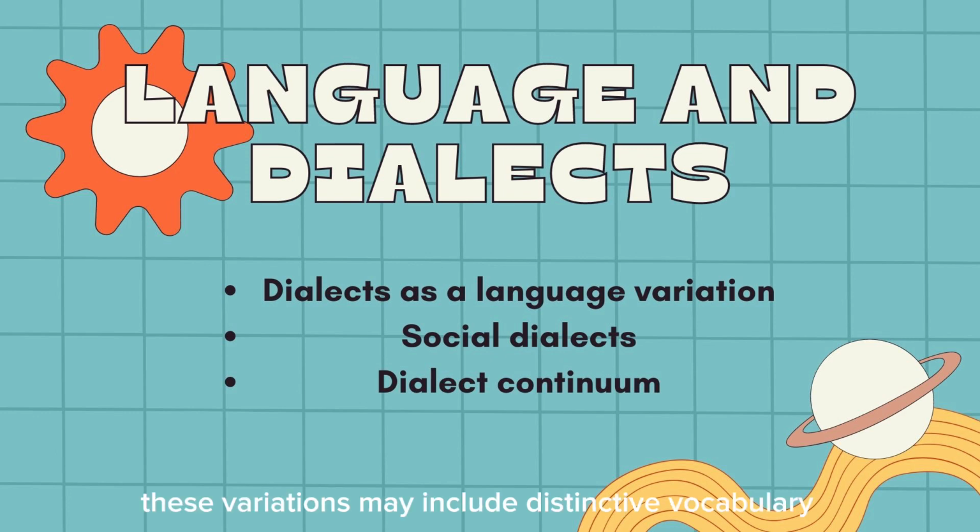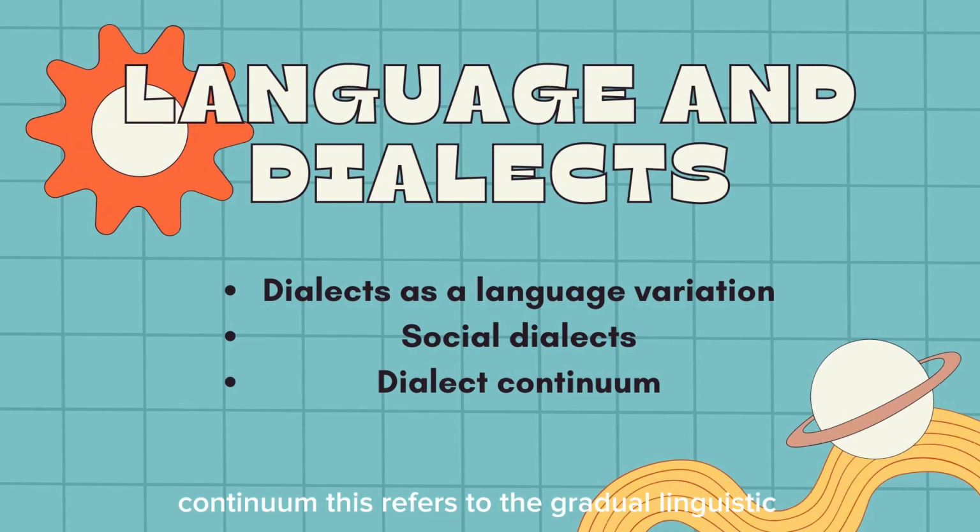These variations may include distinctive vocabulary, pronunciation, or grammatical structures. For example, there may be differences in the way people from different socioeconomic backgrounds or ethnic communities use language. Sociolinguistics also recognizes the concept of a dialect continuum.